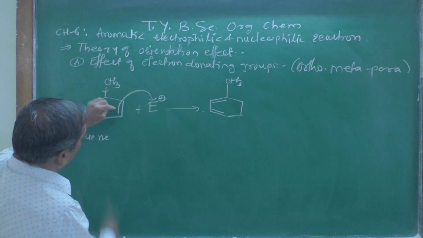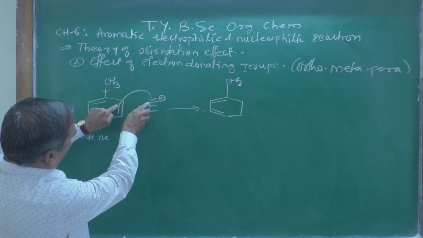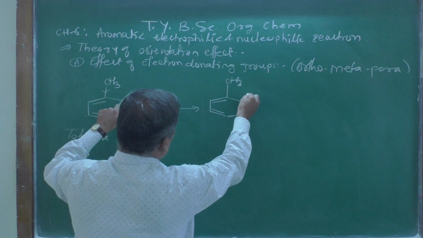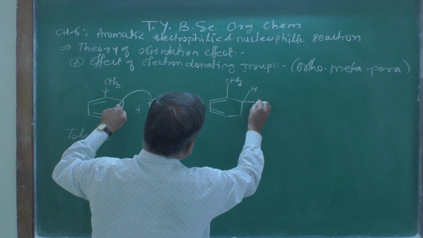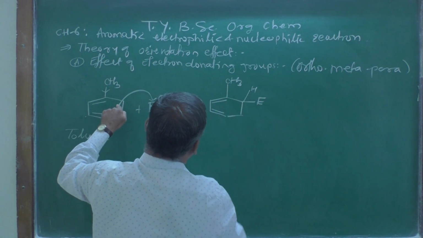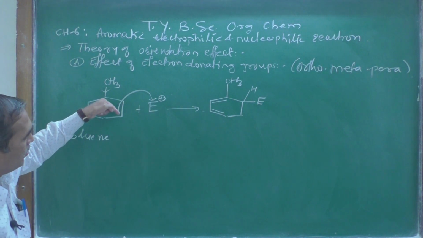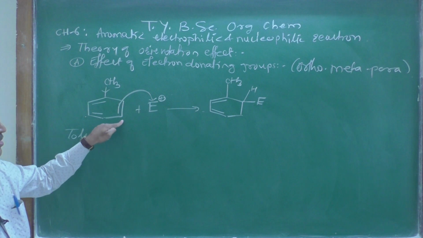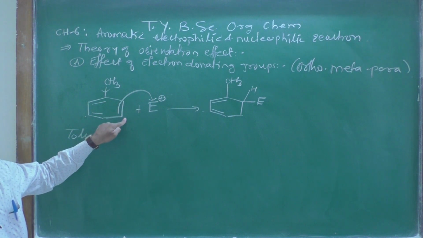When this double bond shifts, attacking that electrophile, the bond is formed between the electrophile and this carbon atom, leaving behind the positive charge.